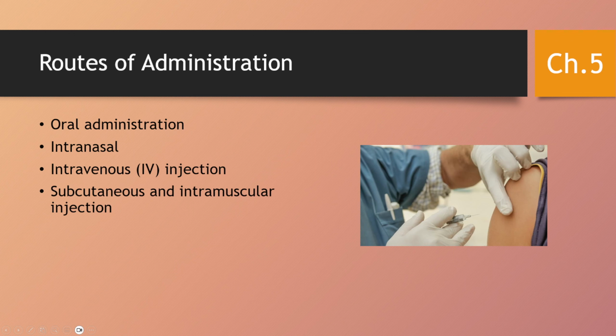Then we have subcutaneous or intramuscular injection. This is basically where the drug is injected right under your skin, also with a needle, but it doesn't go into a vein, right? It goes into just the muscle or the general skin tissue in that region.